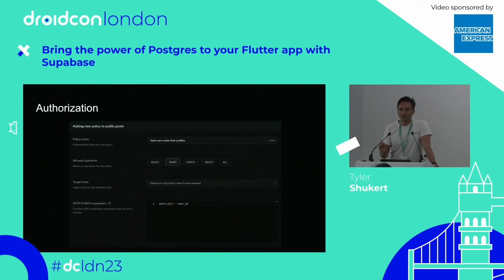Authorization is another key component of auth, right? So authentication signs the user in. Authorization verifies that any incoming request actually has the authorized access to whatever data they're trying to access. And Supabase does authorization using a Postgres feature called row-level security.